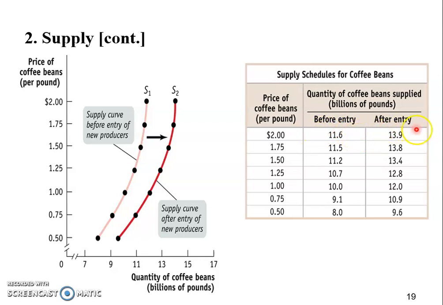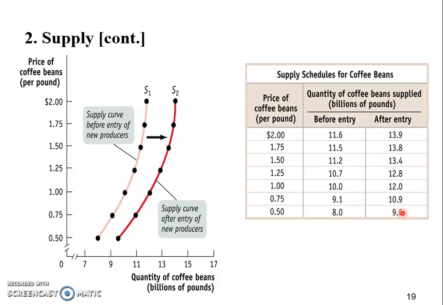After entry, as you can see, at each possible price, the quantity supplied increased. For example, when the price is 50 cents, the quantity supplied increased from 8 billion pounds to 9.6 billion pounds.